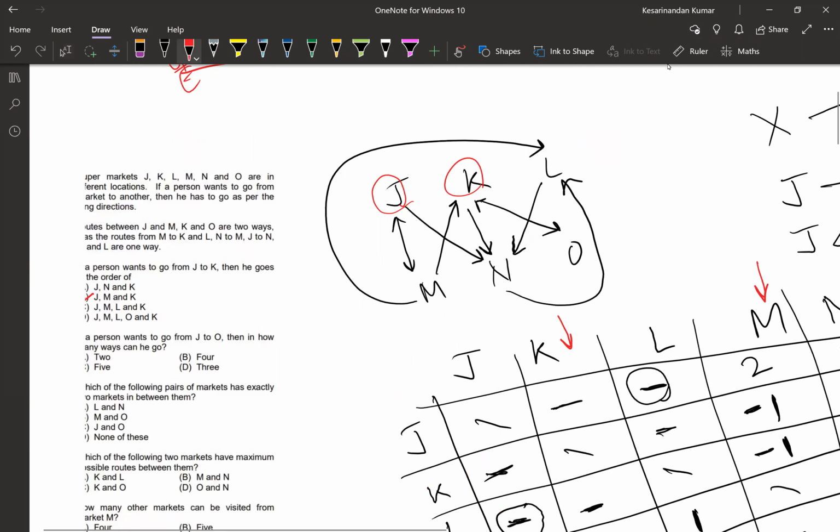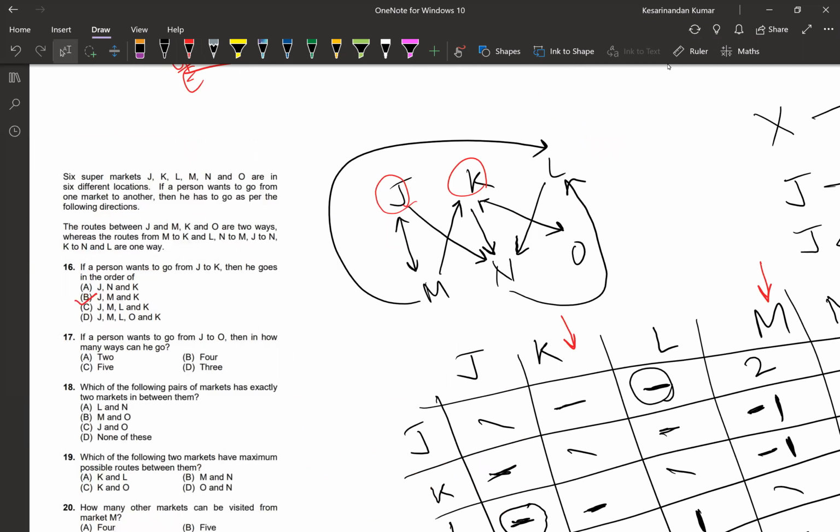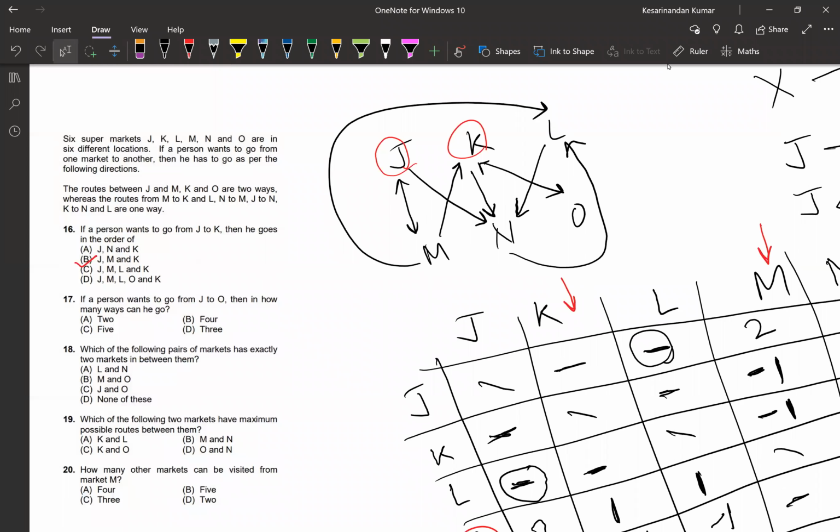Everyone? Anybody any doubt with this question? Clear, Casey. Okay, great. Then now you guys have the table. Let's solve. Now you give me the answers for the rest of the questions of this paragraph.